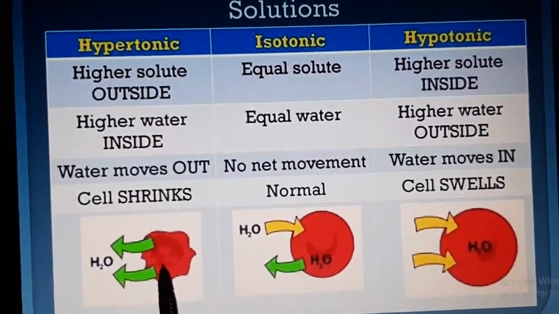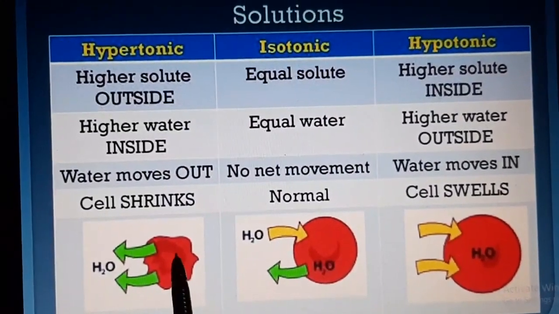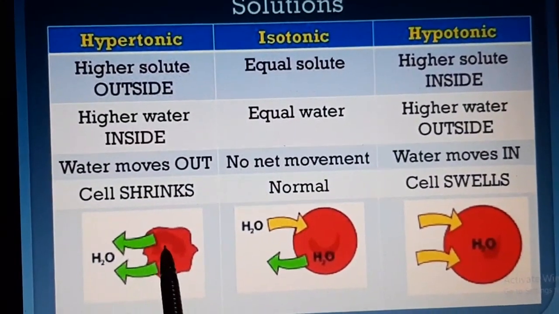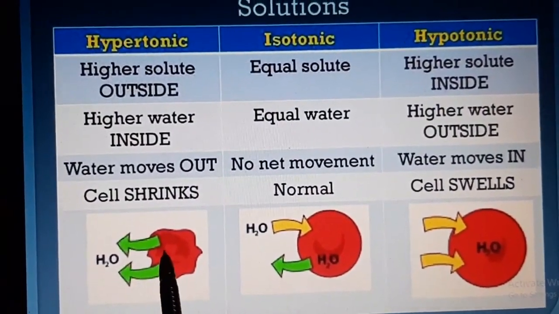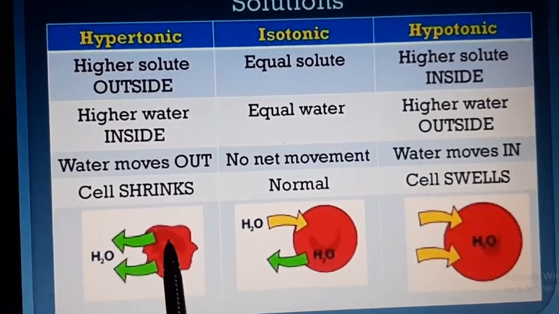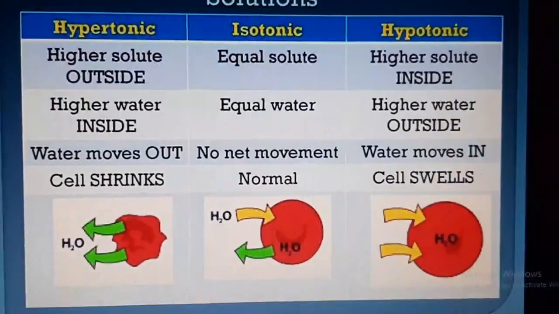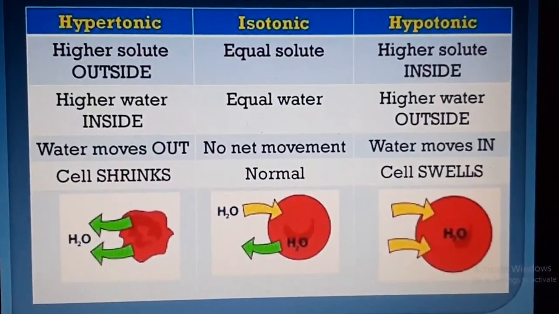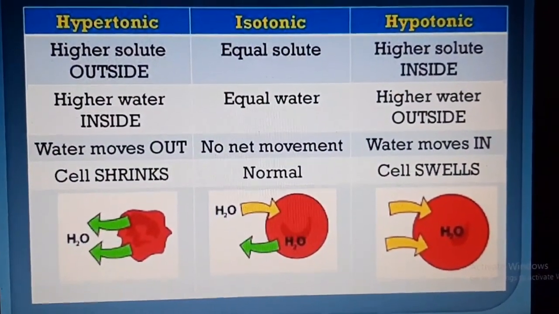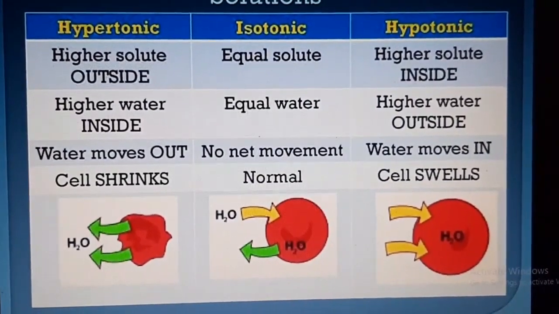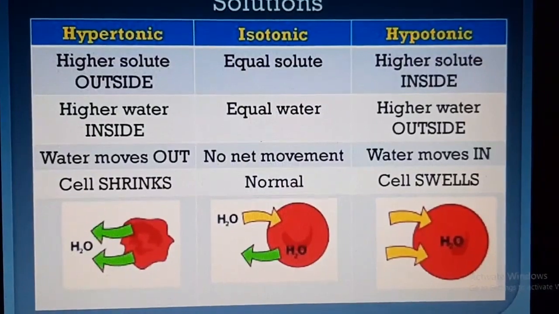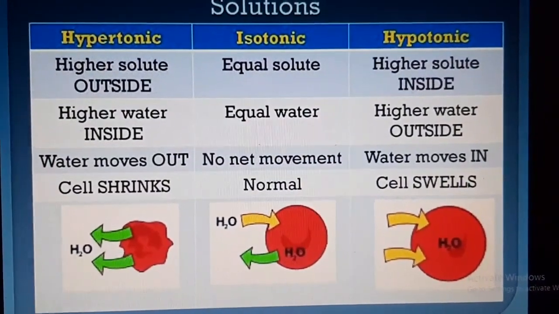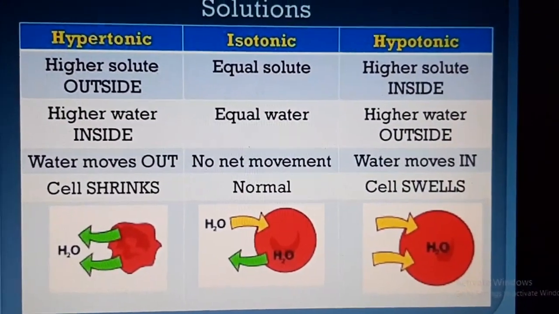What does it mean? The cell will shrink, because inside concentration of water is more and outside is less, and water moves from high to low concentration, so inside to outside.